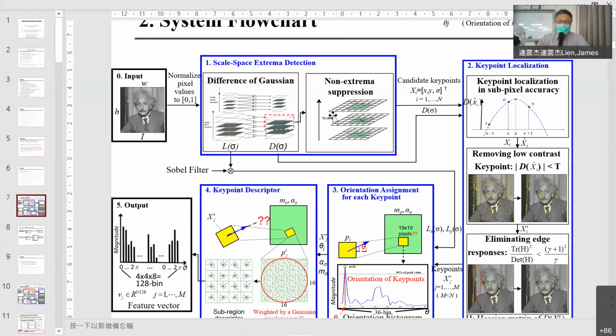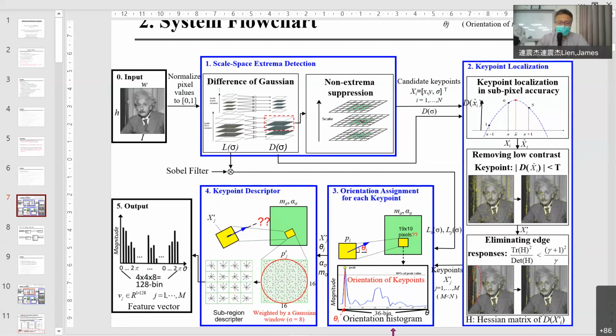So this is the framework, a flow chart. It's important to do the flow chart, so let me explain. The input is one image. Then in the middle there are several corner points.